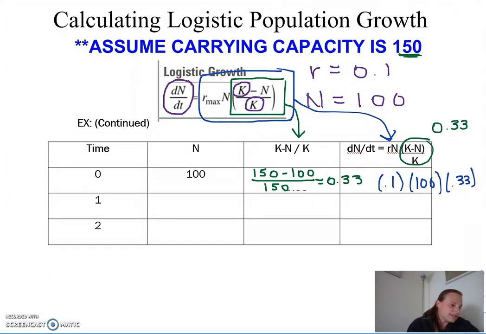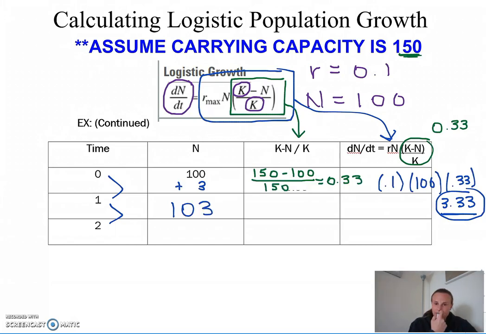And in this case, that's equal to 3.33. That's how many rabbits I'm adding to the population during this arbitrary amount of time. So now I'm going to add 3.33. I'm going to round it to 3 to 100 to get 103. And now that's my population size.